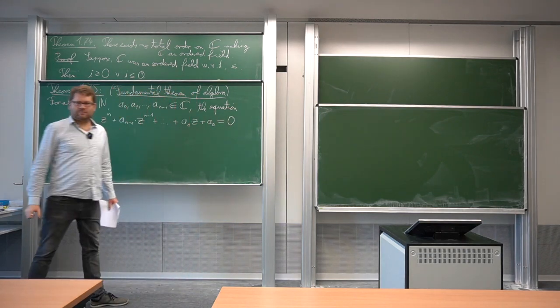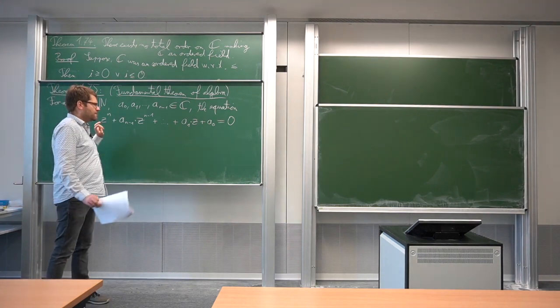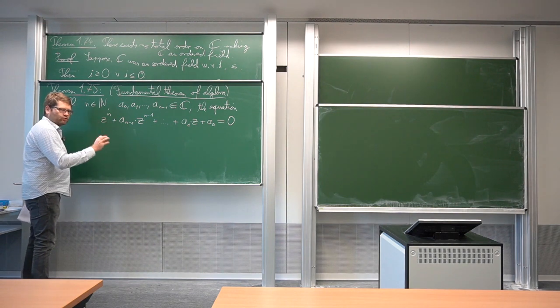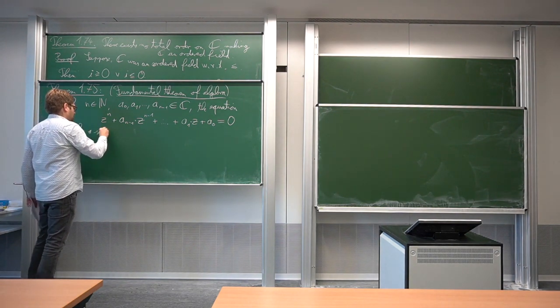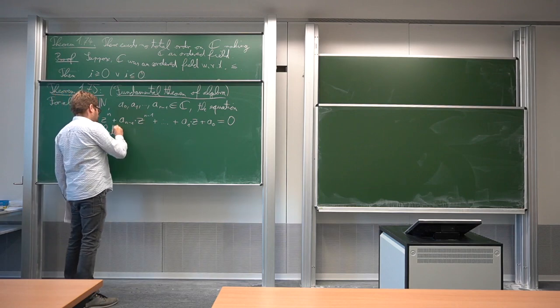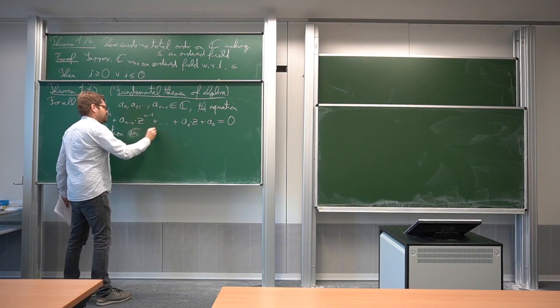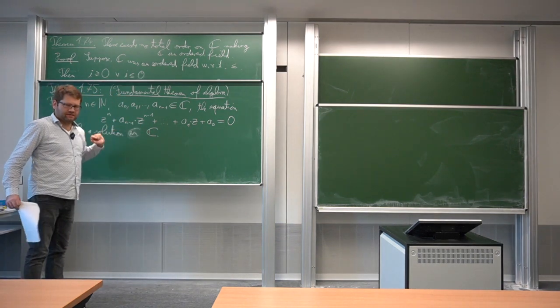So this is the general form of a polynomial equation. I just put the leading coefficient to 1 because this doesn't matter. So this equation always has a solution in C, in the complex numbers.